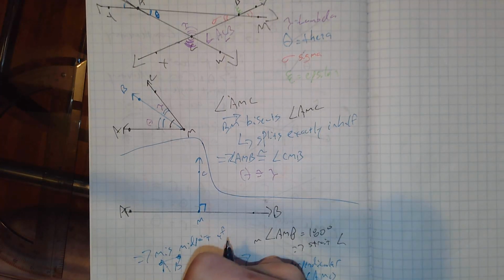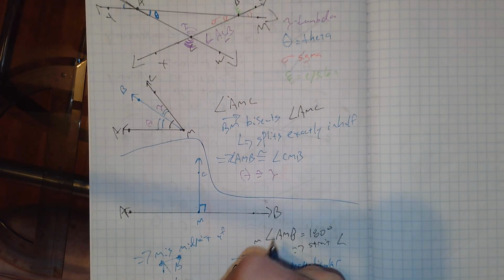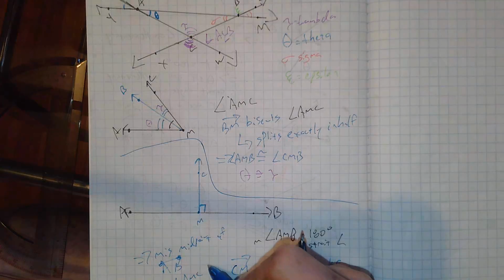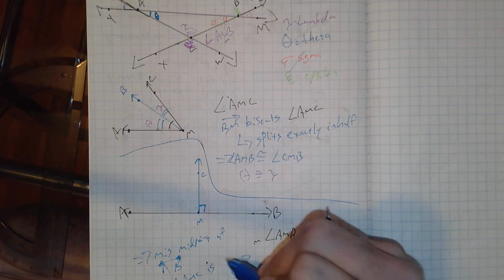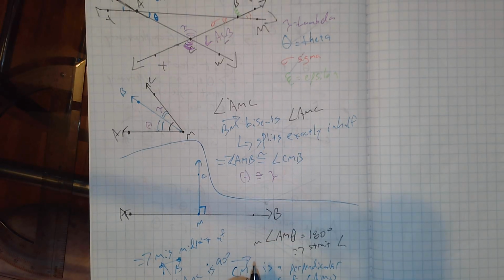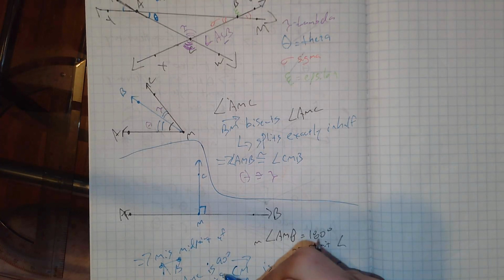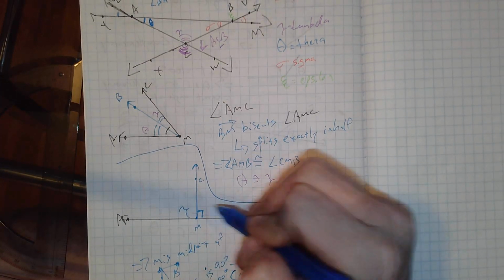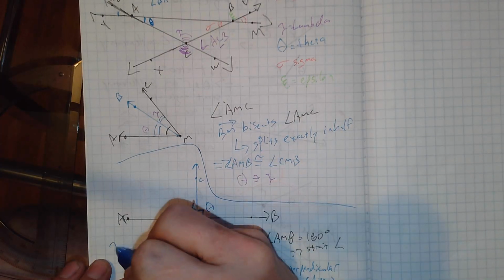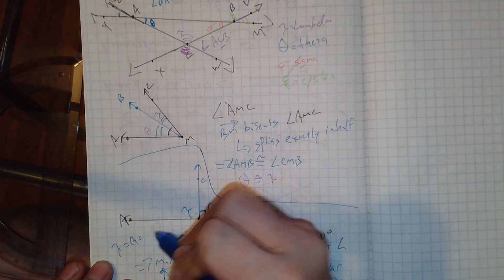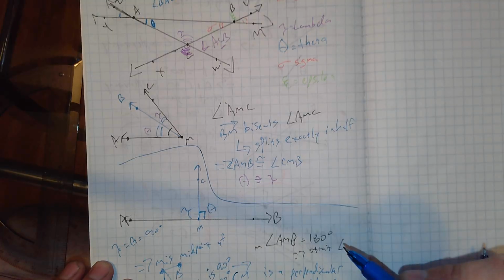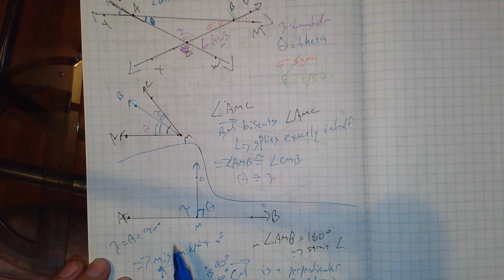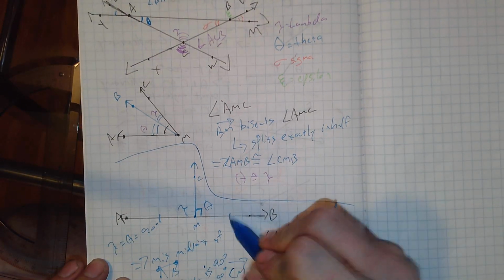And the measure of angle AMC is 90 degrees, and the angle CMB is 90 degrees. You can also say this is theta, this is lambda. You can say that theta equals lambda equals 90 degrees. And because it's a midpoint, you can say that AM is congruent to MB.